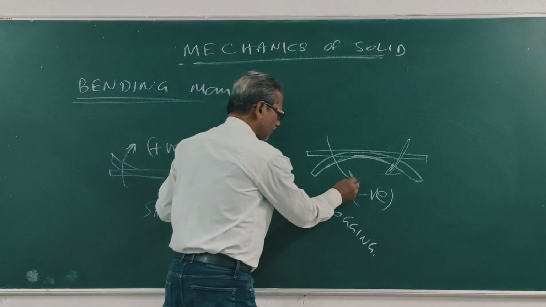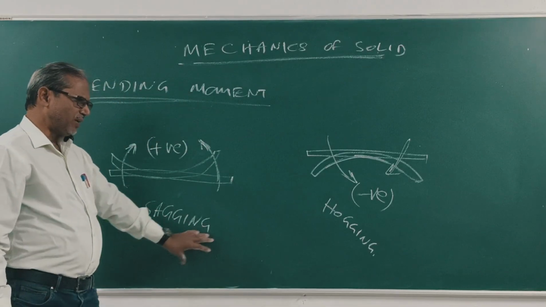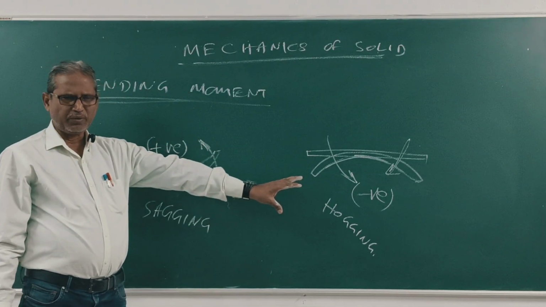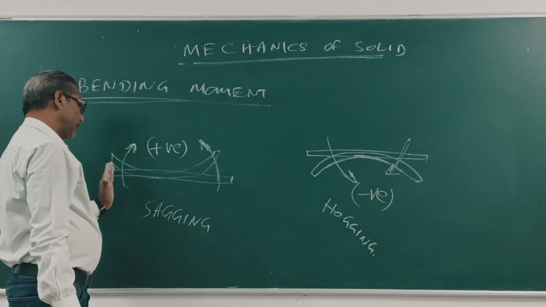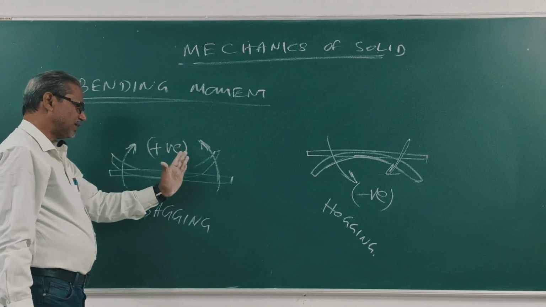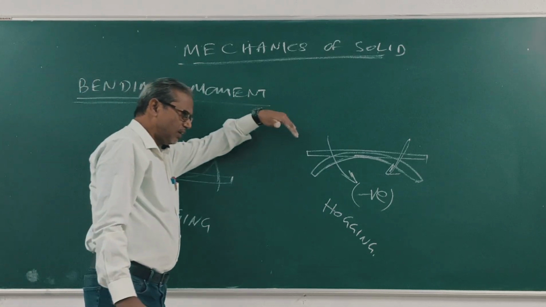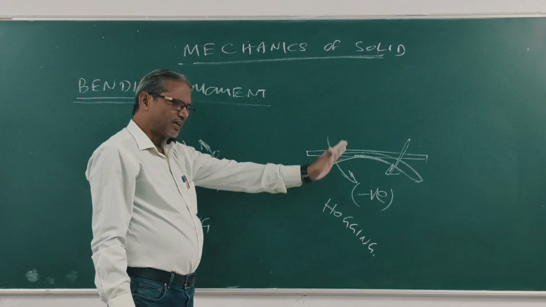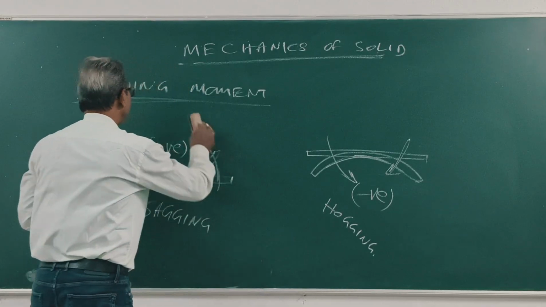So this is called sagging bending moment. This is called hogging bending moment. Clear? Left clockwise, right anti-clockwise, positive. Left anti-clockwise, right clockwise, negative. Clear?